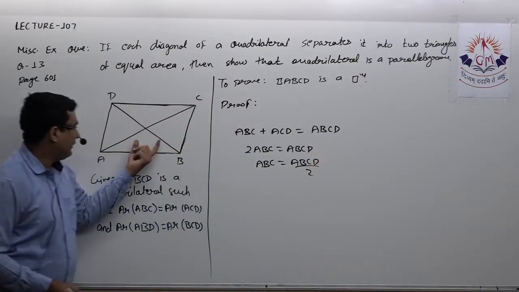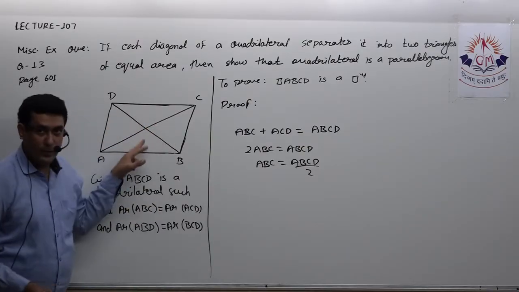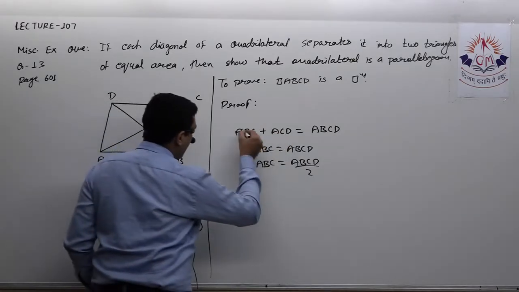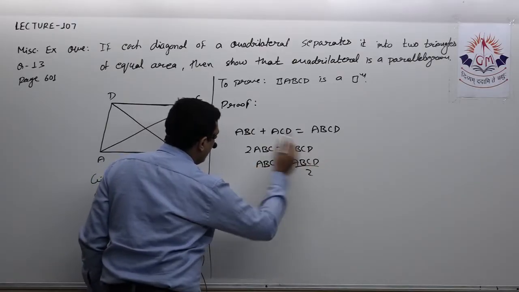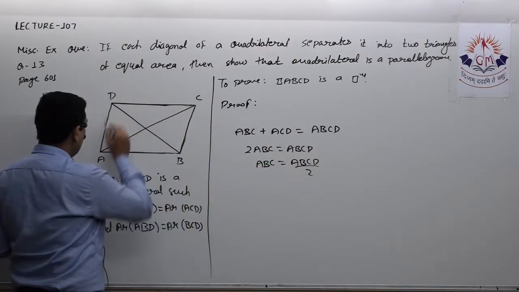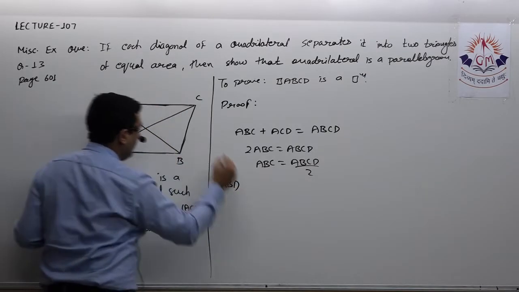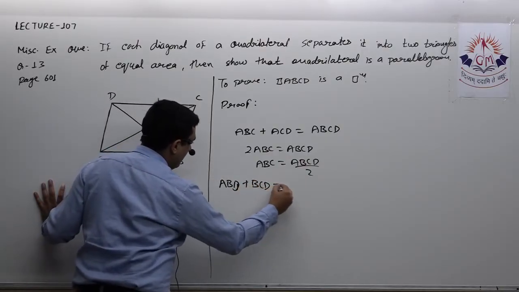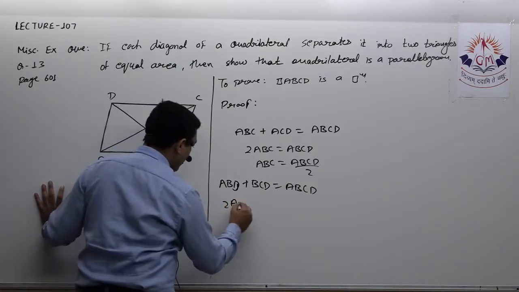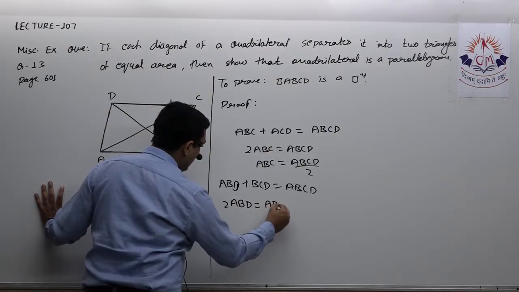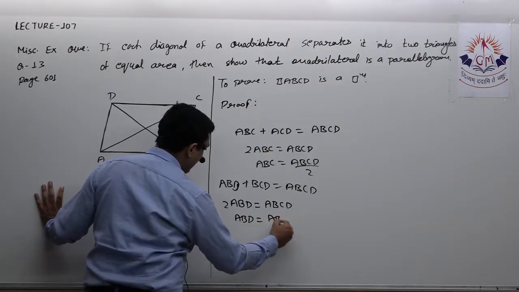Similarly, triangle ABD and triangle BCD sum to ABCD, so twice ABD is equal to ABCD, and ABD is equal to ABCD by 2.